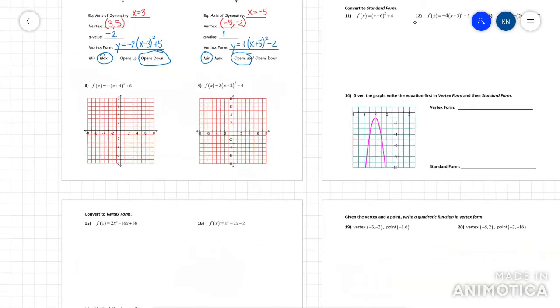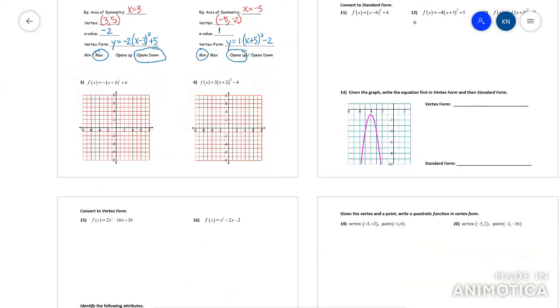Okay, these are already in vertex form, so you can just jump right into the table. The negative out in front here is a times negative 1 on this table on the y side. And then I'm going to subtract 4 on my x's.